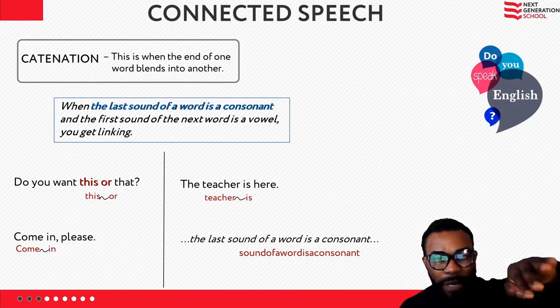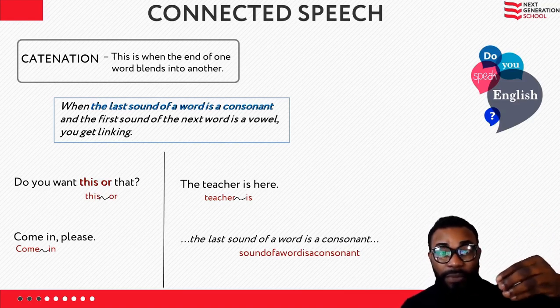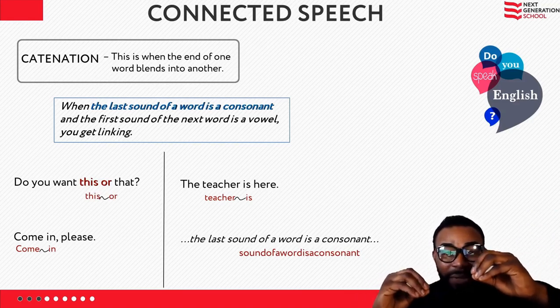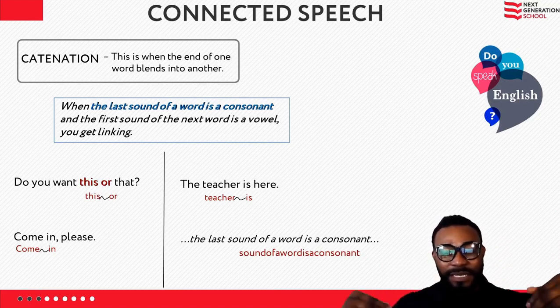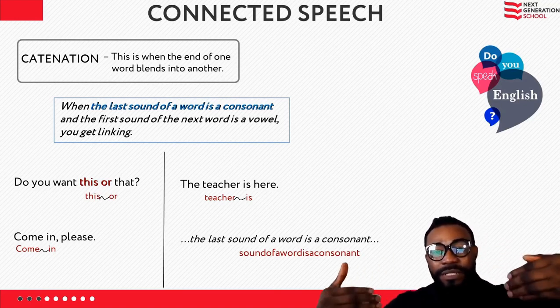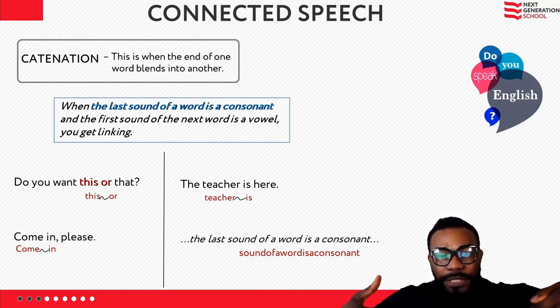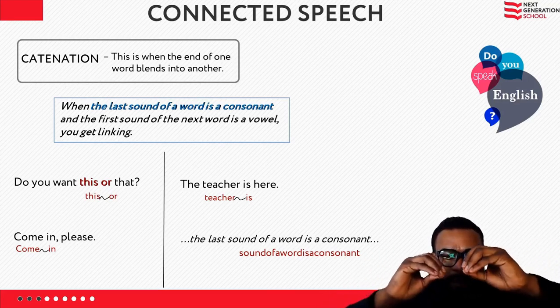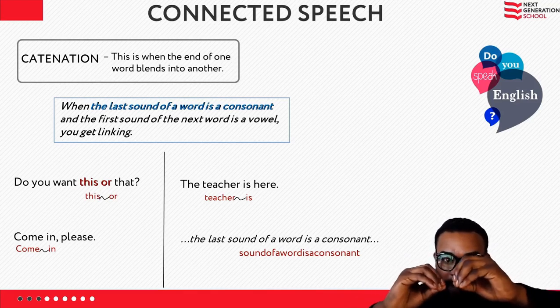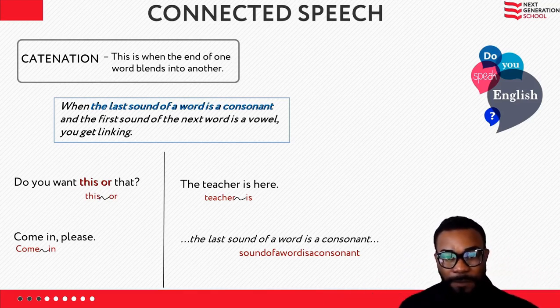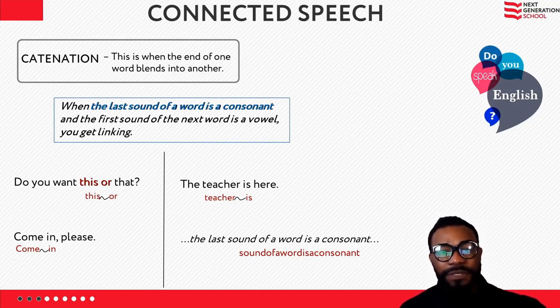So we have a prime example of catenation. The last sound of the word is a consonant. So we combine them together to form a long bridge of words. That is catenation. So I hope you're practicing together with me.